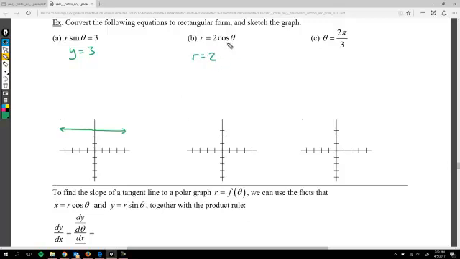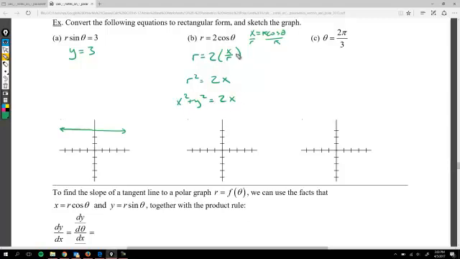Now, just cosine of theta by itself, can't make a direct substitution there. I know that x equals r cosine of theta. So cosine of theta is going to equal x over r. Okay, so I'm going to multiply both sides by r. Okay, and r squared is the same thing as x squared plus y squared.